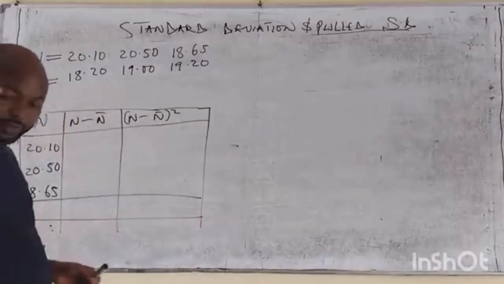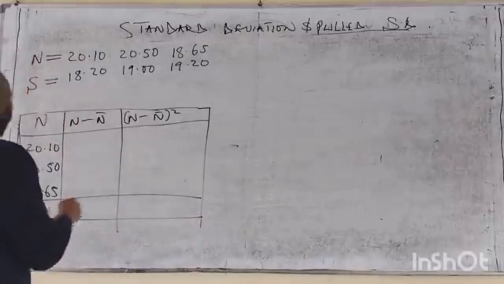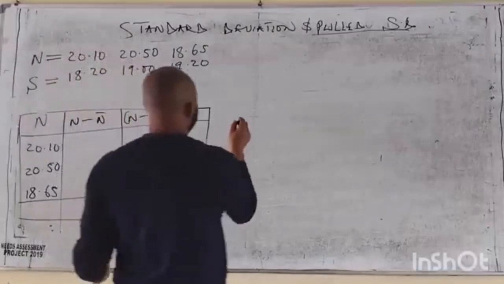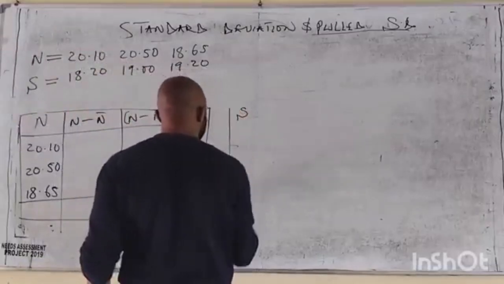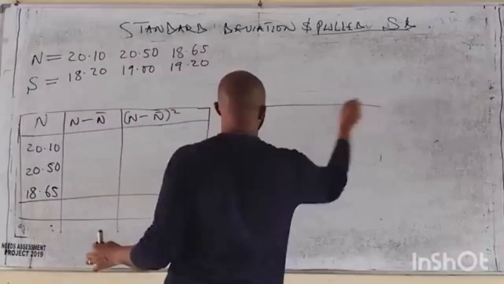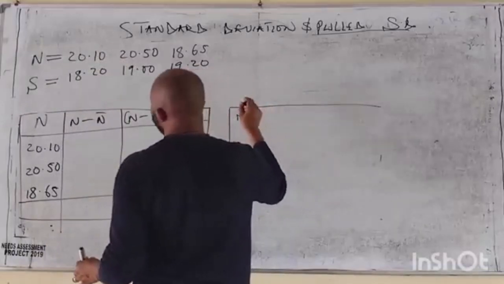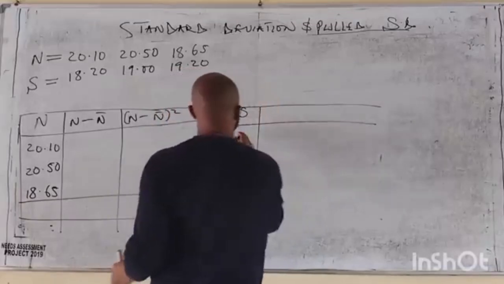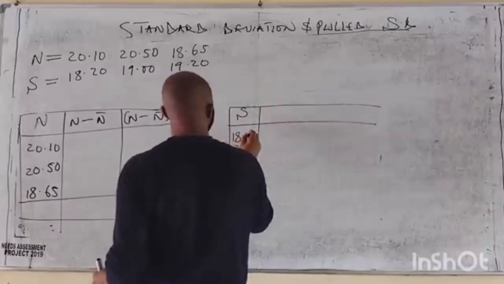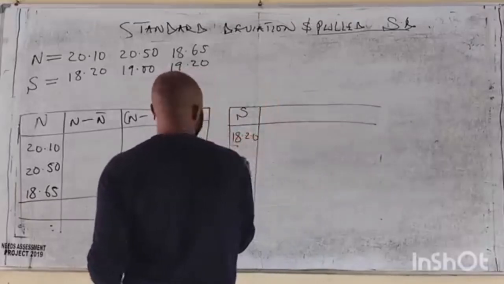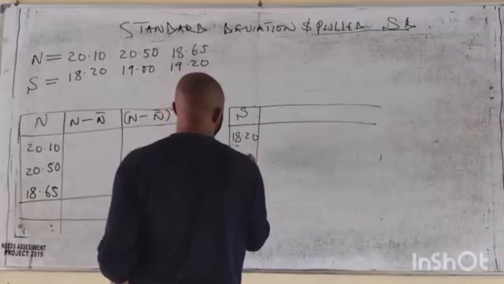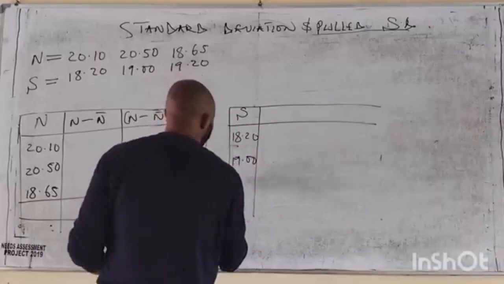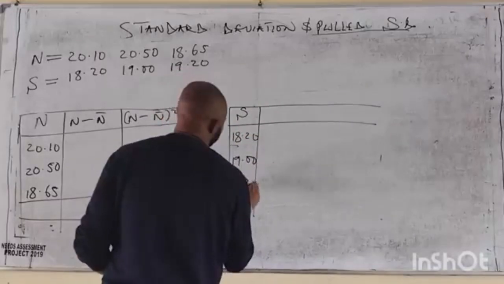On the x side, we have x: 18.20, 19.00, 19.20.